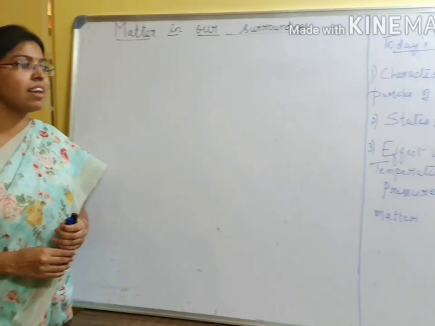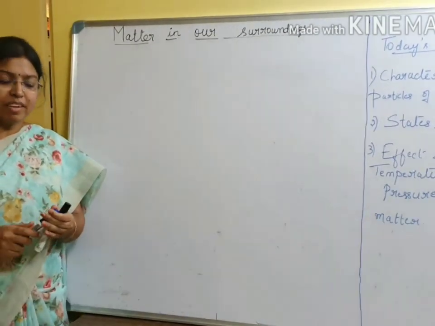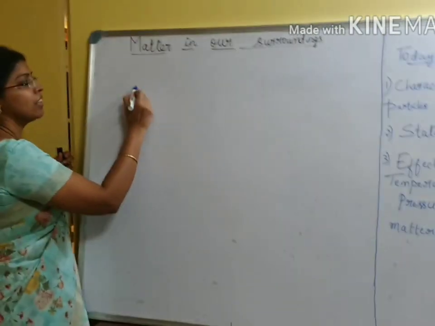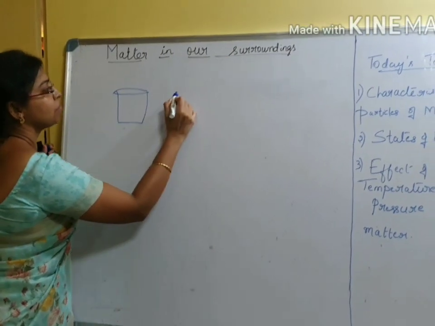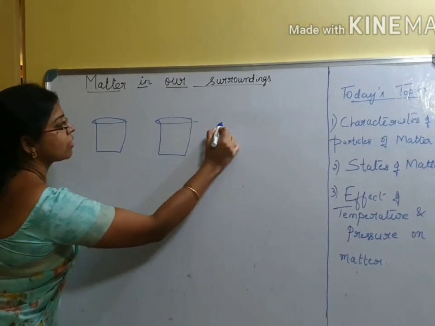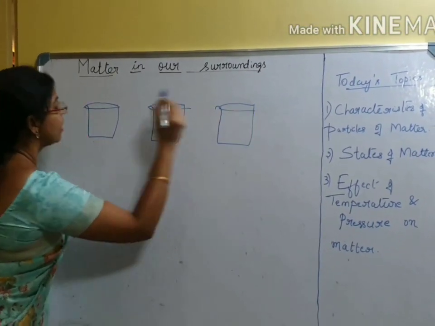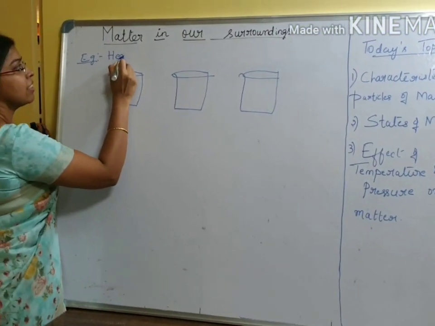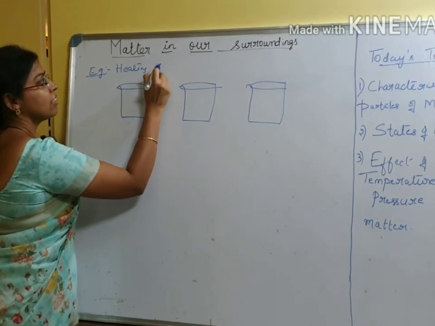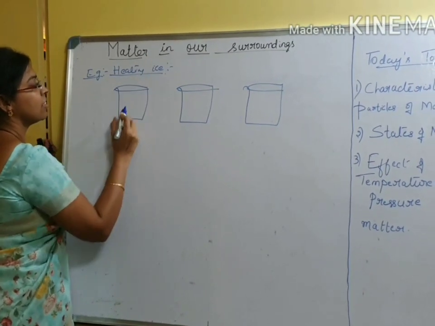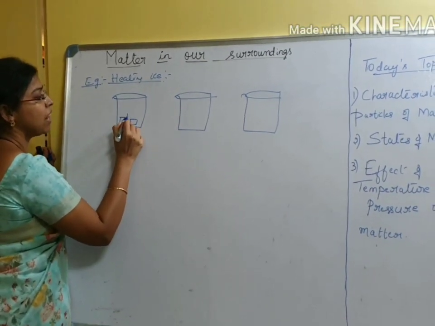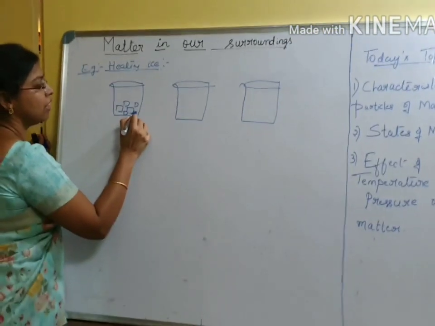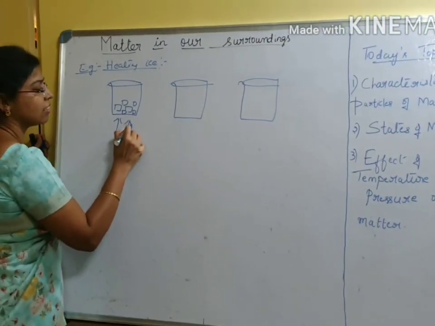So to see what is the effect of temperature on matter, we will consider a small activity. We will take the example of heating the ice. We will take some ice in a beaker and we will heat it.